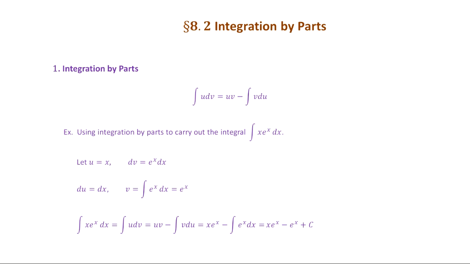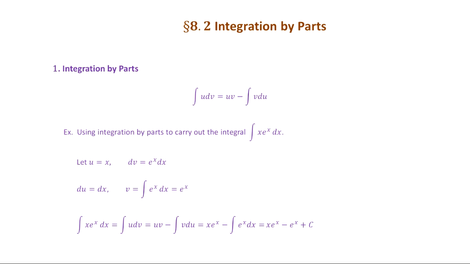Now, in this problem, we got x times e to the x times dx. So this is the whole thing of u dv. If you want to use integration by parts, then this is the left side of the formula. So then we need to identify, in x, e to the x, dx, which one is u and which one is dv.